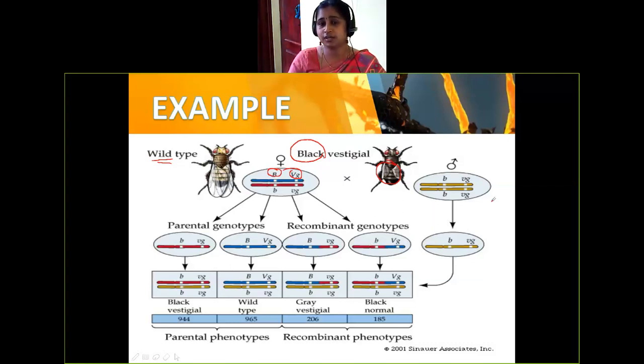And here it is totally homozygous recessive, so however you pull four gametes, all four will be the same, small b small vg. When you intercross this, you will get the combination like this. The parental phenotype frequency is more, but here it is quite less. It says that the genes are closely associated. That is why we have more of the same parental characteristics.